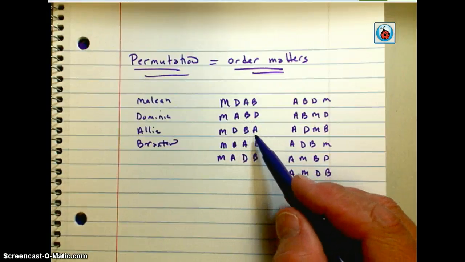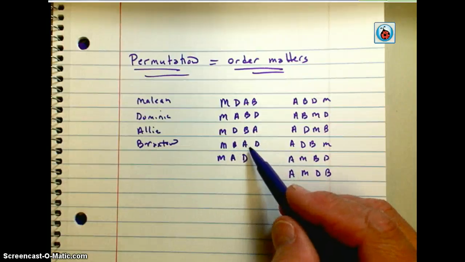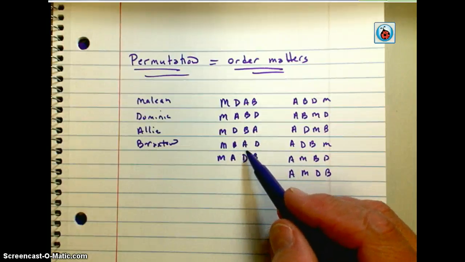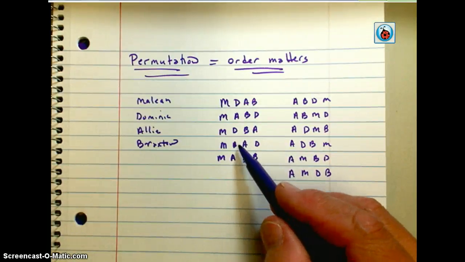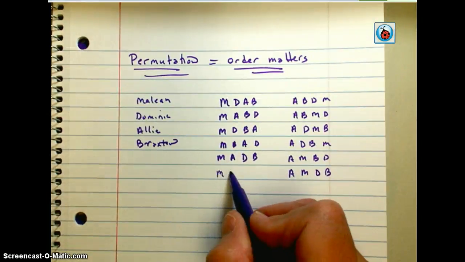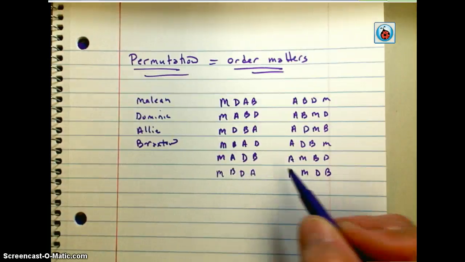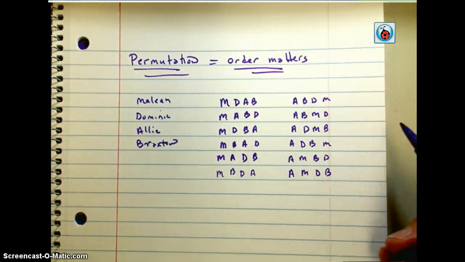Yes, I forgot Malia, Braxton, Dominic, Allie. There should be 6.